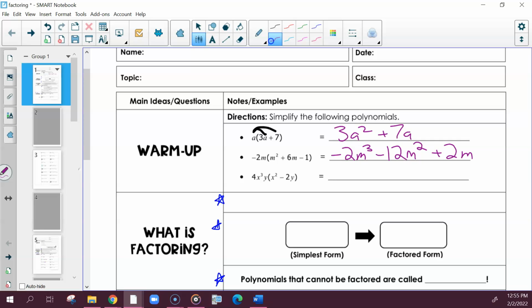Then if we were to take this last one and distribute it, you have 4x to what power? Can you say that question one more time, please? When I multiply what's outside here to x squared, what would my new exponent for x be? No, 4 with the 5.